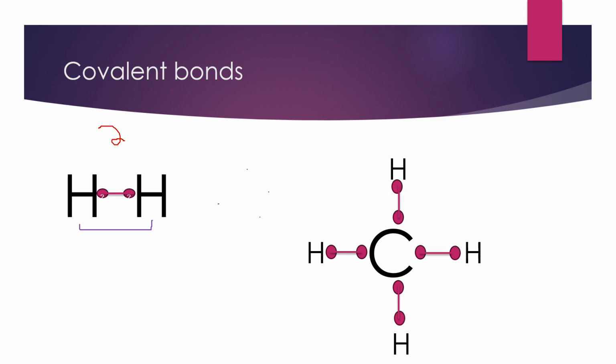Now for that it will be bonded with the hydrogen atom, because a hydrogen atom needs 1 electron to be stabilized. So it will share 1 electron with that, the one that is unpaired. And carbon also needs 1 electron to become stable. So it will also share 1 electron with the hydrogen to become stable.